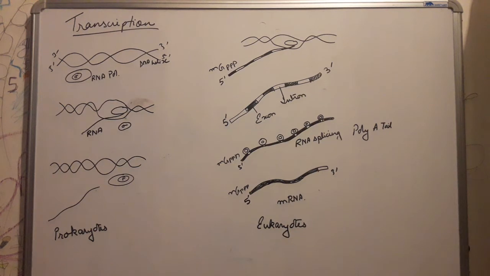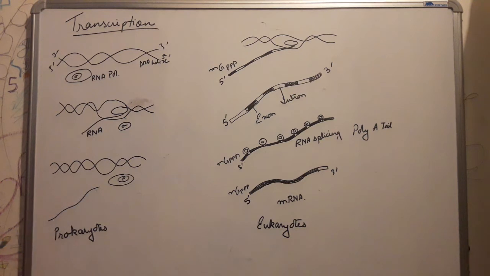The third step is the termination process. Here the RNA polymerase reaches the terminator region, where it gets attached to the rho factor. Rho factor is considered the termination factor, and this factor will pull the polymerase out of the DNA strand, and when it is removed, the RNA is also released.